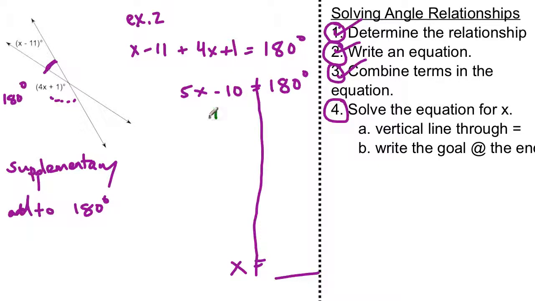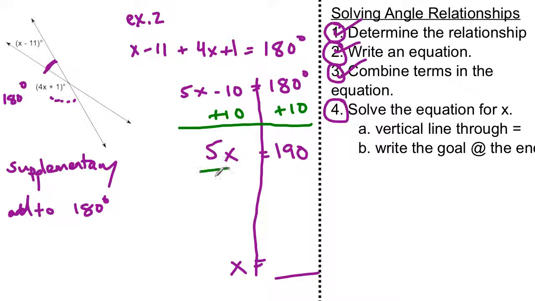So we first start by adding 10 to both sides, and we get that 5x is equal to 190. Then we divide by 5 on both sides, and we find that x is equal to 190 divided by 5.